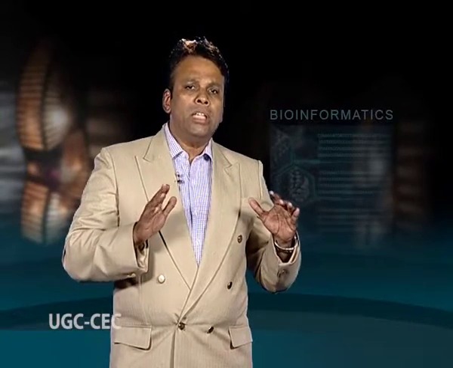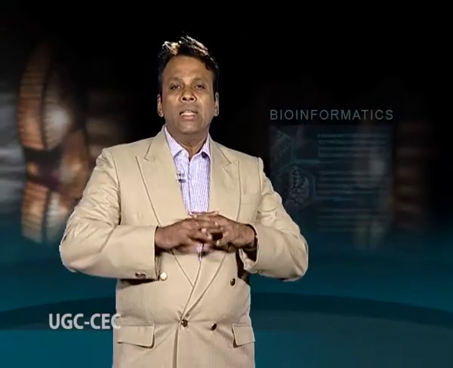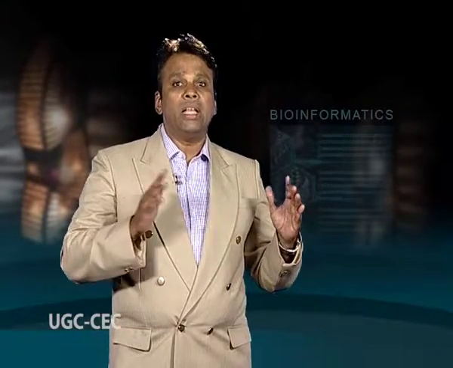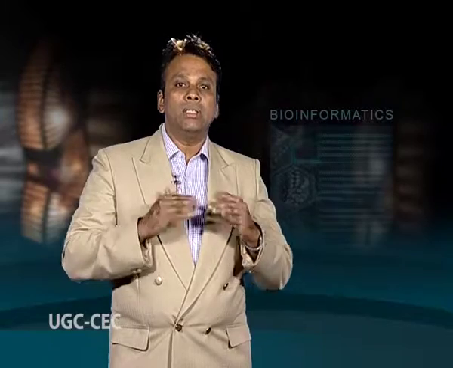Bacterial recombination is brought about by the transfer of genetic material from one bacterium to the other. The bacterium which donates the genetic material is called donor and the one that receives is called recipient. Three different processes have evolved that mediate transfer of genetic material from one bacterium to another, making possible the subsequent recombination events. They are: 1.